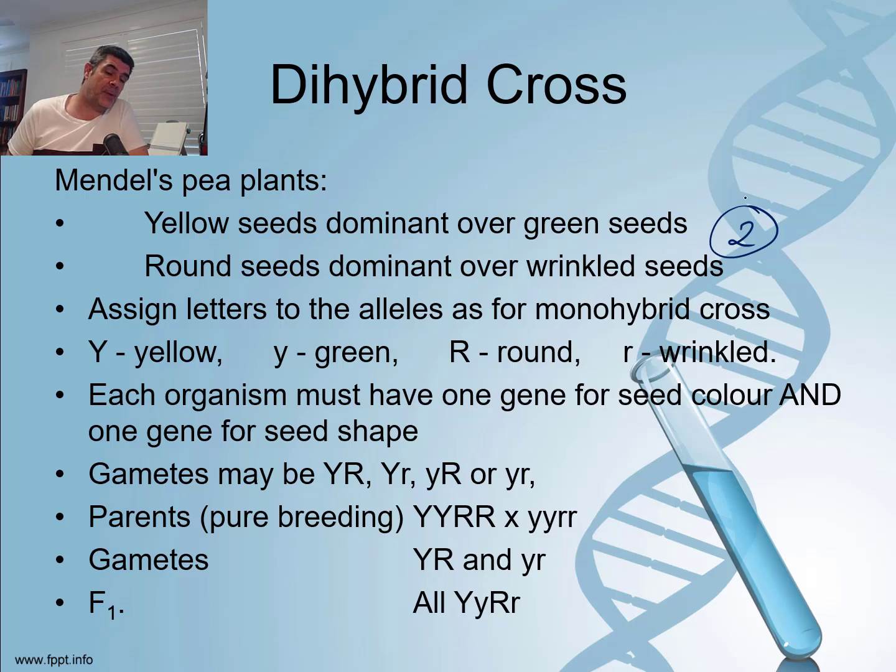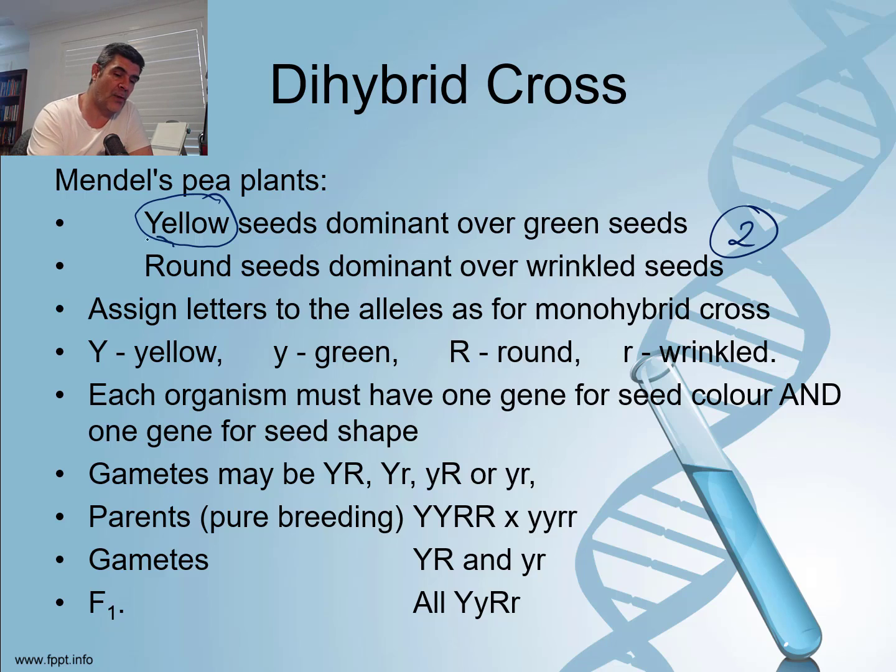As we did for monohybrid crosses, you need to assign letters, and the letters don't matter, but they should hopefully give you some indication of what you're looking for, particularly when you're trying to interpret genotypes into how the phenotypes would be expressed. So if yellow is dominant, we use a capital Y to indicate yellow color dominant over green.